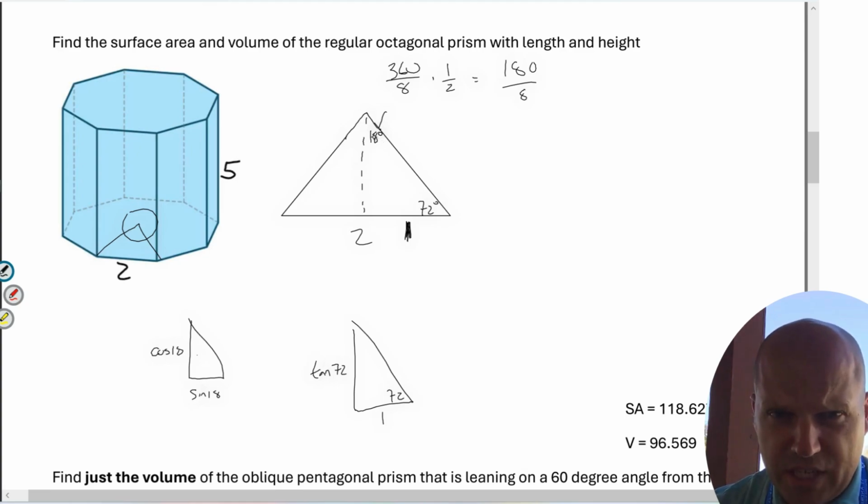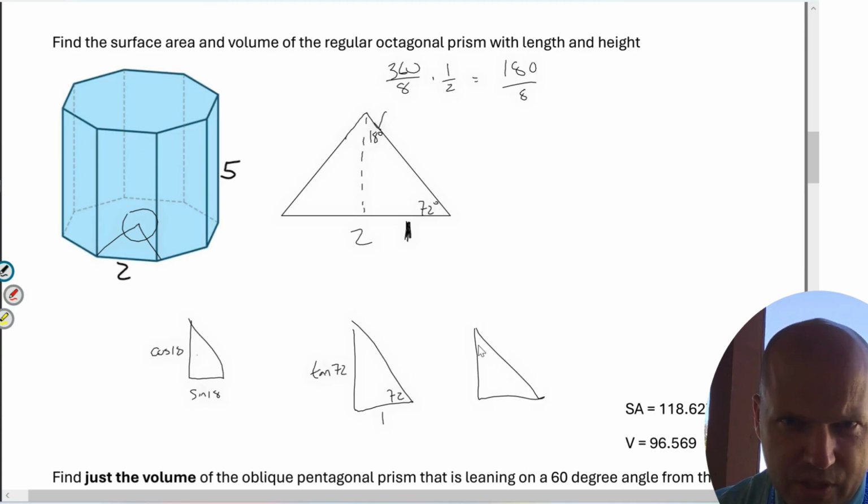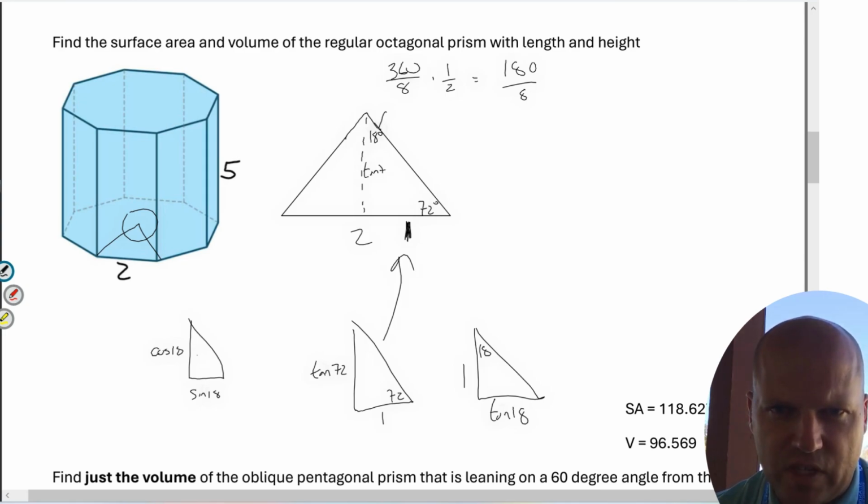I know it's kind of easy to see you have options and to pick the best option. This is the tangent of 18. If this is 1, I would use this triangle and square this to realize this is the tan of 72.